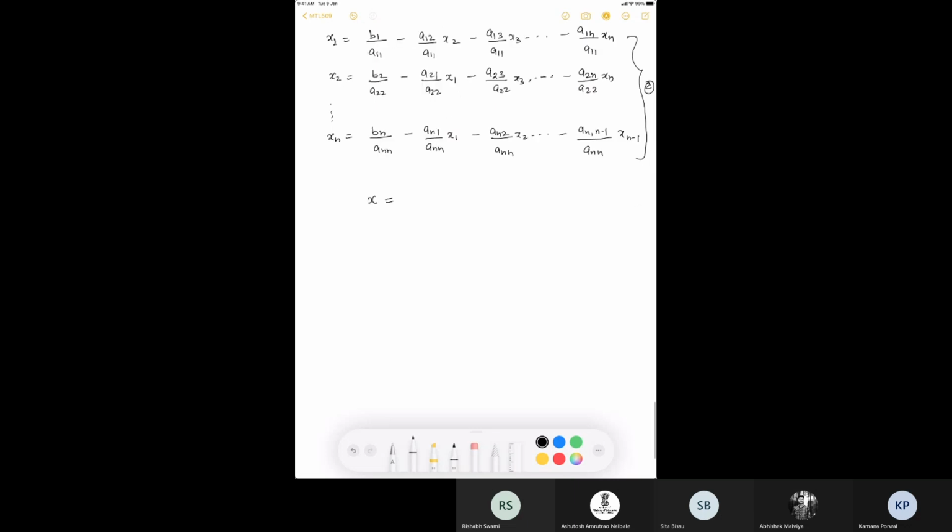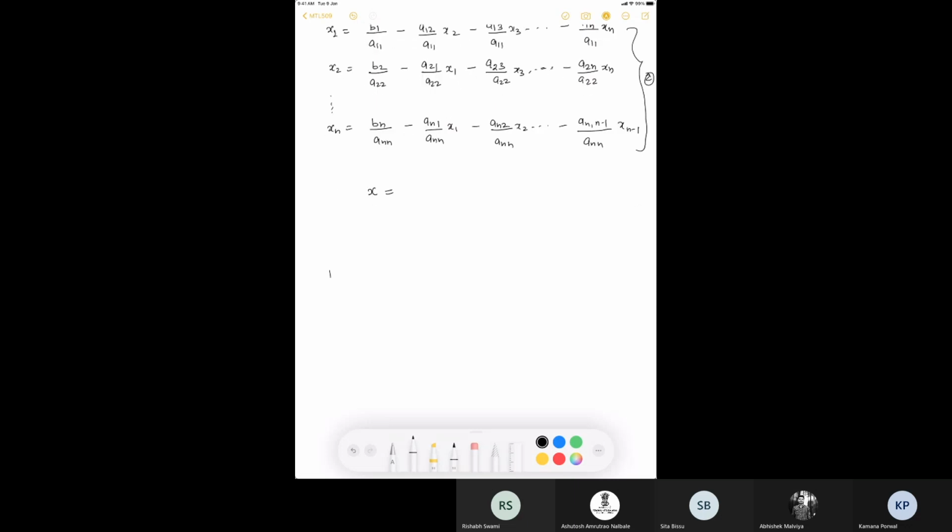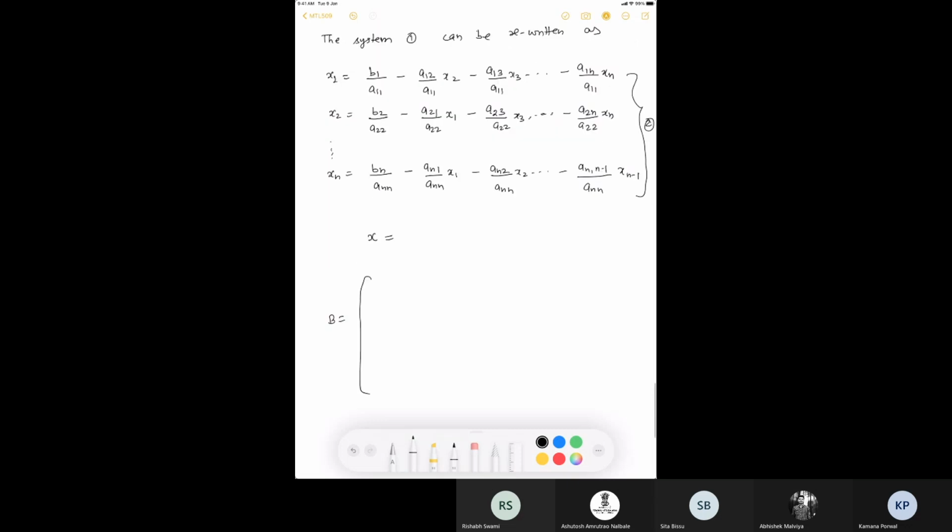Here if I define this matrix B as, the first row is going to be 0, minus A12 divided by A11, minus A13 divided by A11, up to minus A1n divided by A11.